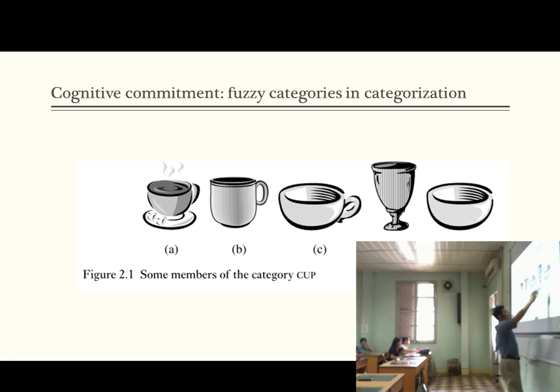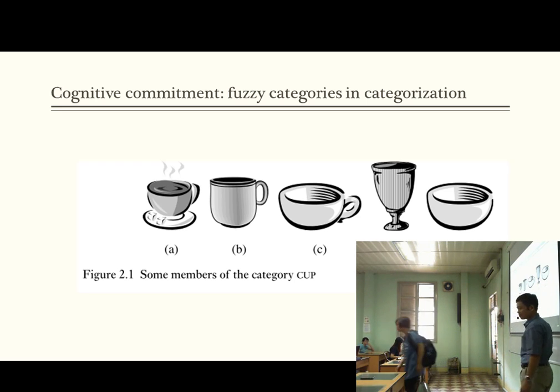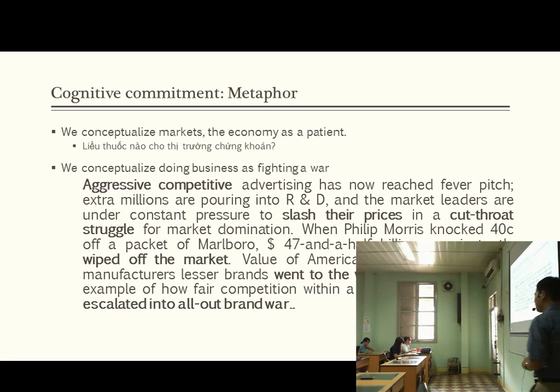And this cup, you see, doesn't have a handle, but we still call it a cup. So what we have just talked about is family resemblance and fuzziness in categorization of human thinking. We will look at that in more detail in chapter 2, cognitive semantics.